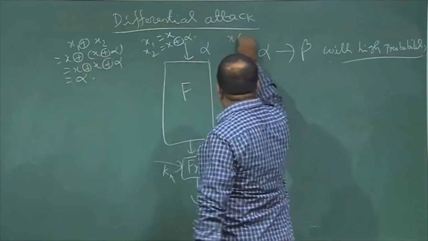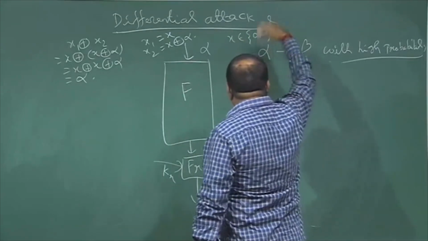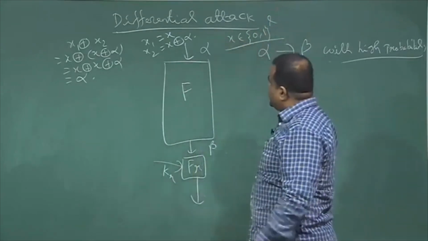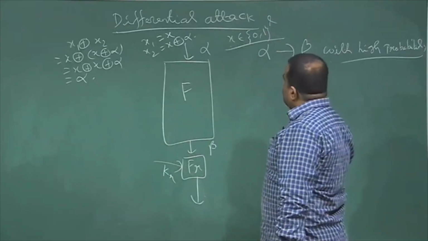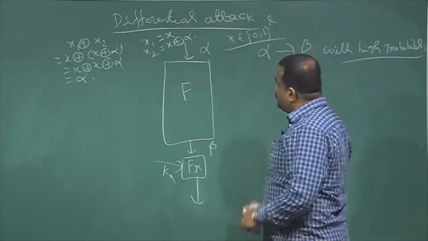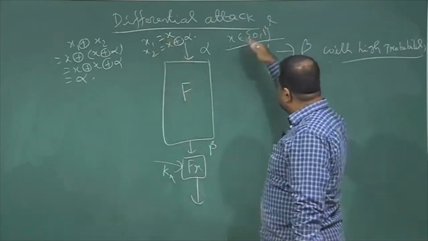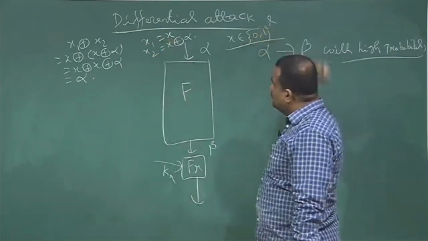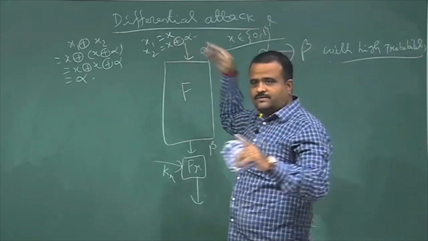If it is L bit, x is any L bit string. So there are 2 to the power L possibilities of x. We choose an x, and this choice can be done in 2 to the power L ways, and then the corresponding x2 is fixed because we want the difference to be alpha.